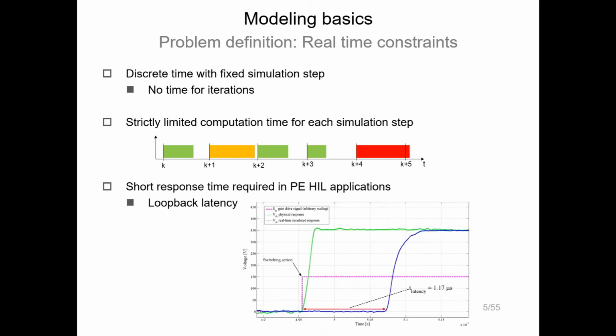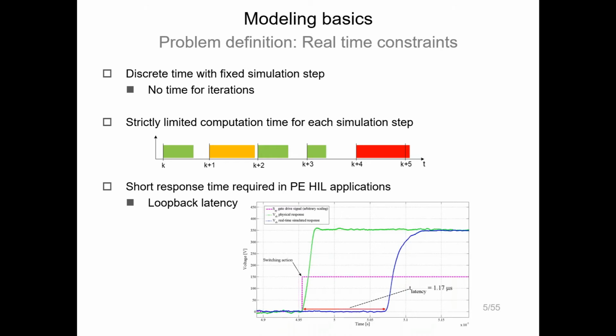And the third point is especially important in power electronics scale applications. We need to keep our simulation response time very short, and it needs to be comparable to the real-time power plant response.